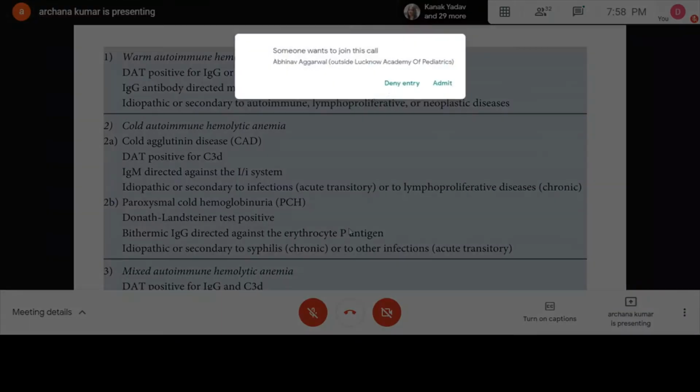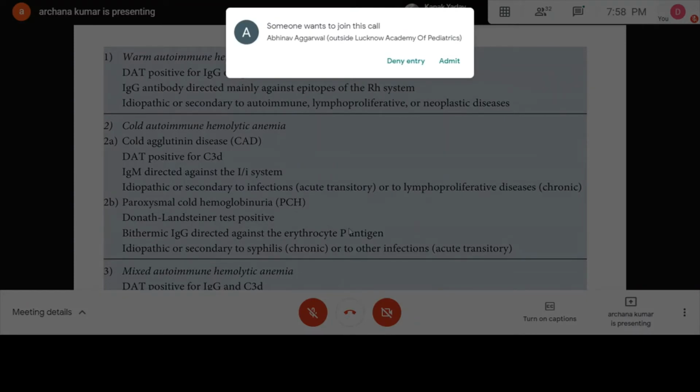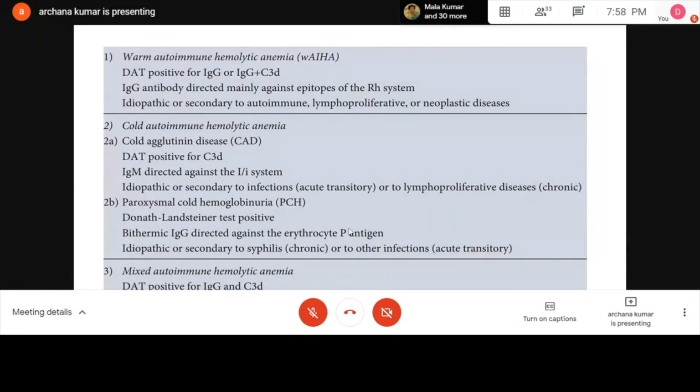Warm autoimmune hemolytic anemia is direct antiglobulin positive for IgG or IgG plus complement component 3. The IgG antibodies are mainly directed against epitopes of the Rh system, and this could be idiopathic, which means primary, or secondary to autoimmune, lymphoproliferative or neoplastic disease.